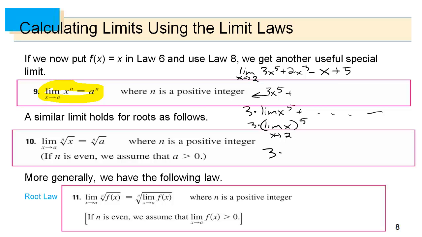So now we have 3 times 2 to the fifth. 2, 4, 8, 16, 32. 32 times 3 is 96, plus the rest. We do that for all of them. So basically evaluating polynomials is very simple. You're just evaluating each piece.